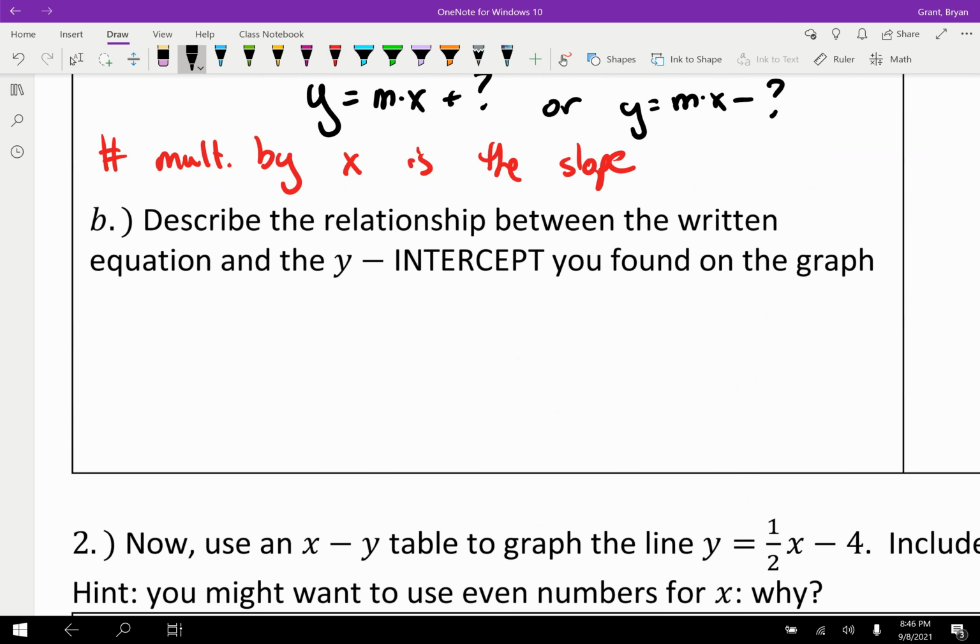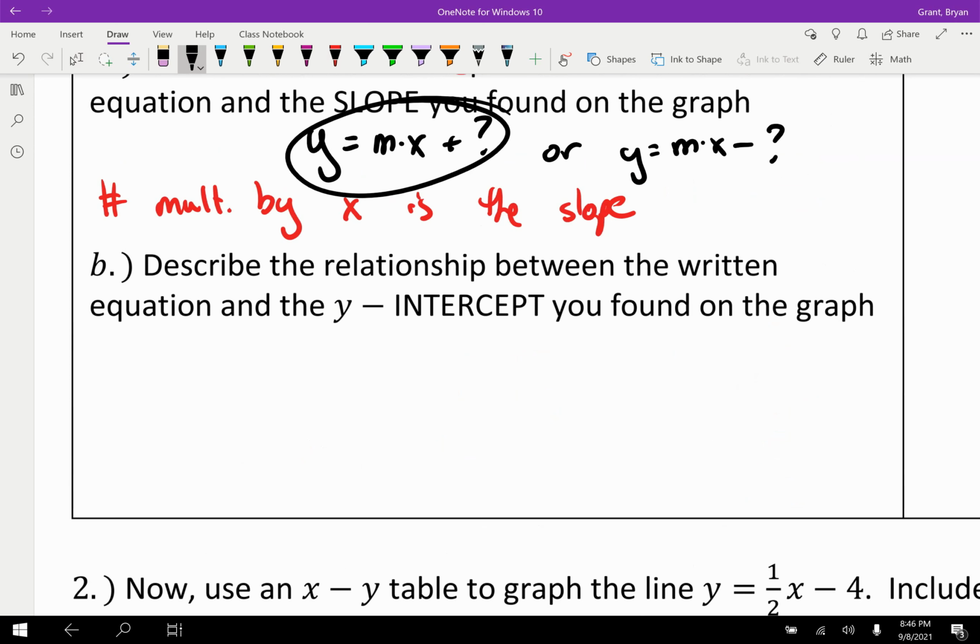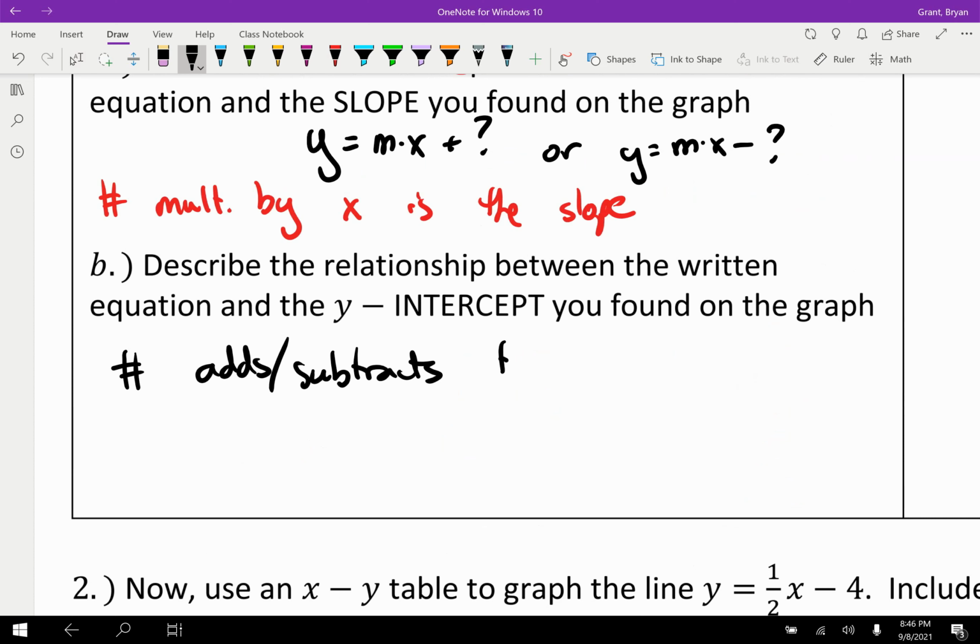So if we had these two maybe general equations over here, it seems like the number that's adding or subtracting to x, so the number that adds or subtracts to x is the y-intercept.